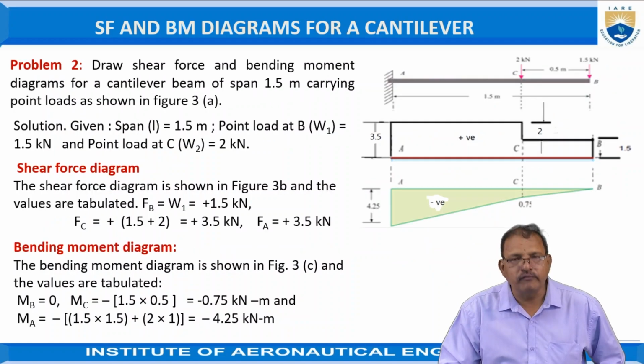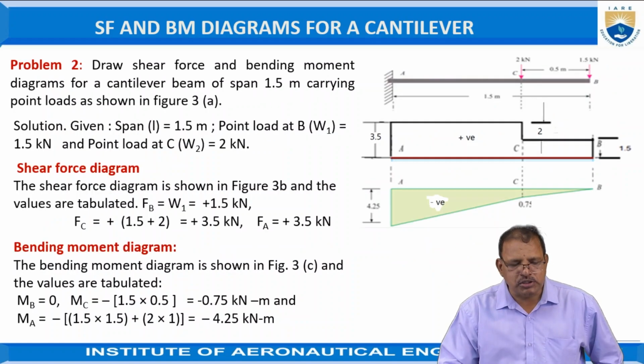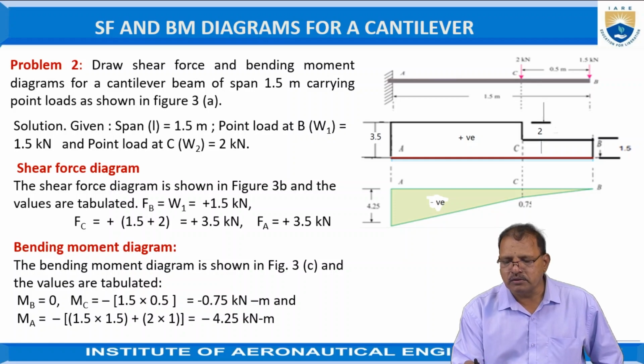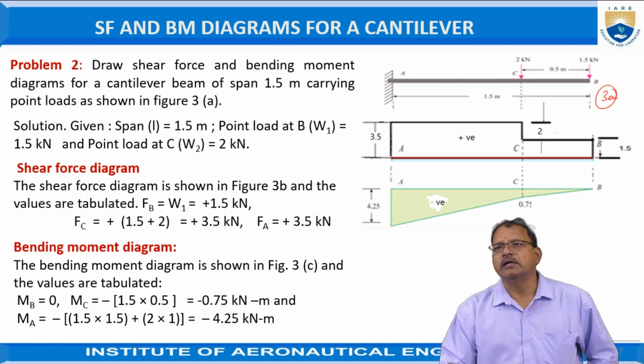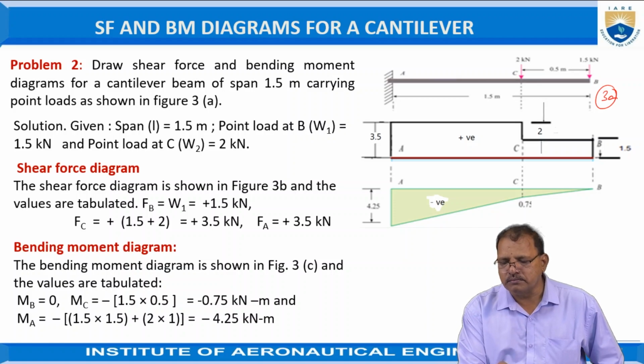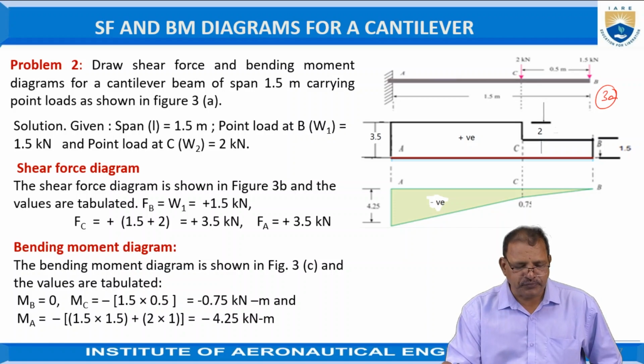Similarly, we are taking one more problem. Draw the shear force and bending moment diagram for a cantilever beam of span 1.5 meters carrying point loads as shown in figure 3A. The various forces acting on the points are shown in the figure. The given data is the length of the span equal to 1.5 meters.